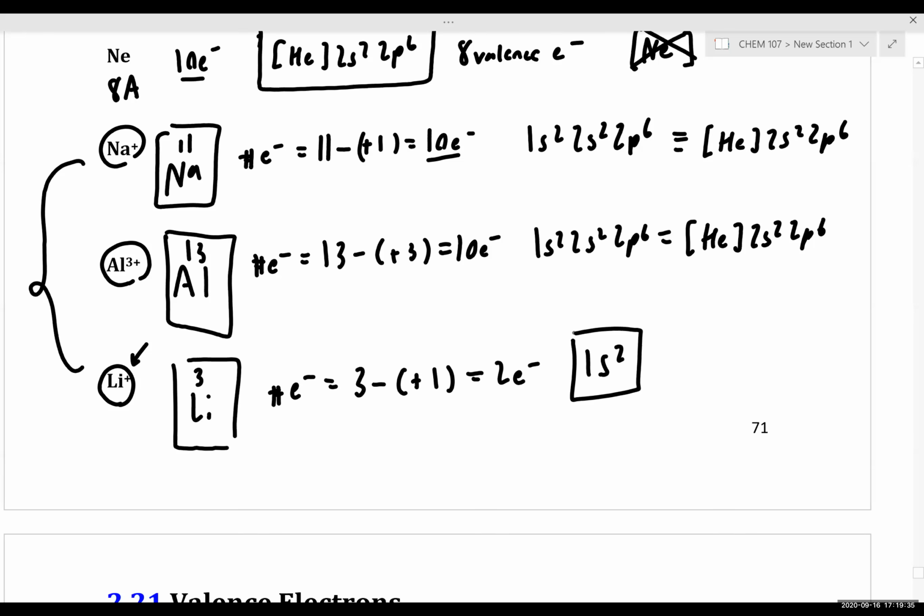Does this make sense? Any questions on these examples? So writing the configuration for ions is pretty straightforward compared to neutral atoms. You're often going to notice the configuration for most ions are going to be almost identical.